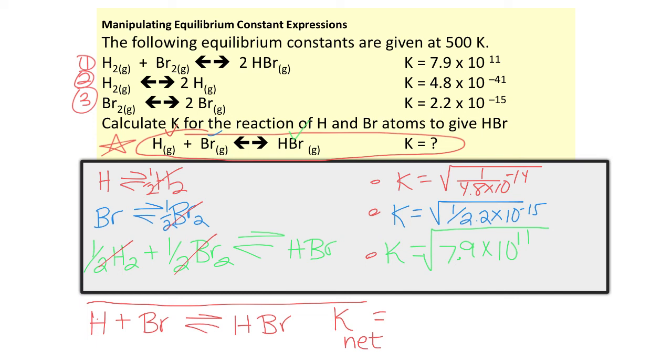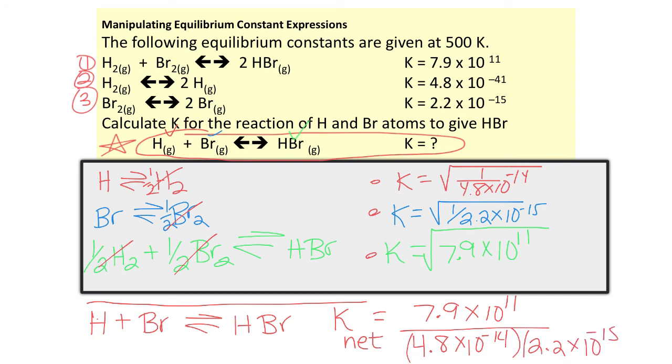So I could do 7.9 times 10 to the 11th over 4.8 times 10 to the negative 14th times 2.2 times 10 to the negative 15th, and square root of all of that. Since they were each to the half power, I could just take the square root of the entire expression.